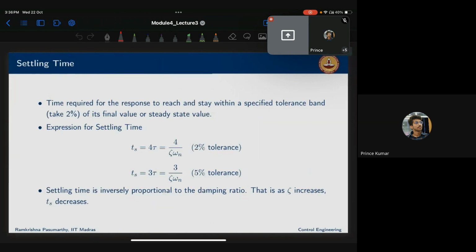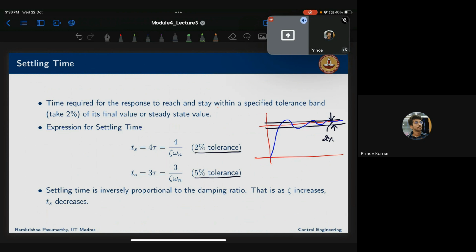Okay, so settling time is the time required for the response to stay within the tolerance band of 2%. It means that you have this waveform, the waveform goes like this. Tolerance band means this tolerance, so this is 2%.